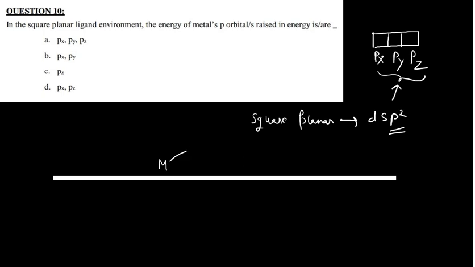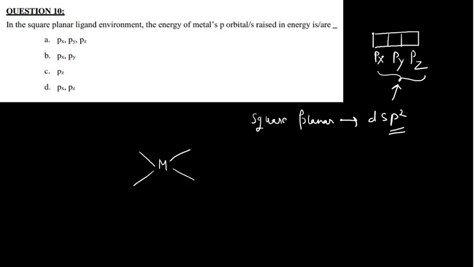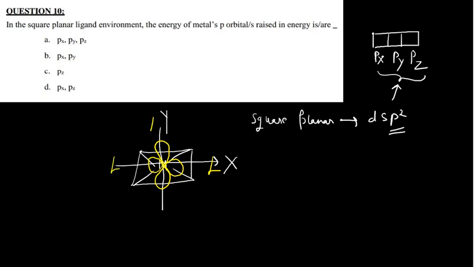Say for example, in the center I have my metal, and these are the ligands, and dsp2 hybridization actually occurs in that case. So if you see here, this is my plane X and this is my plane Y. Now say this is px of the metal and this is py of the metal, and the ligands are also approaching from the x and y plane.